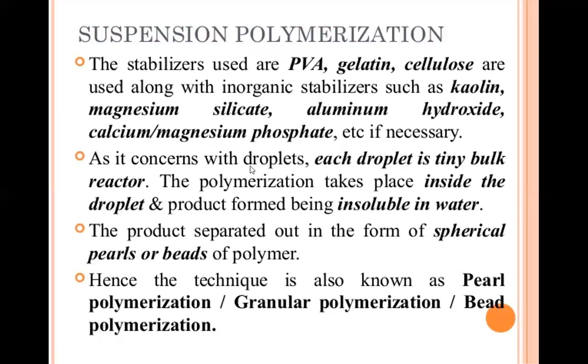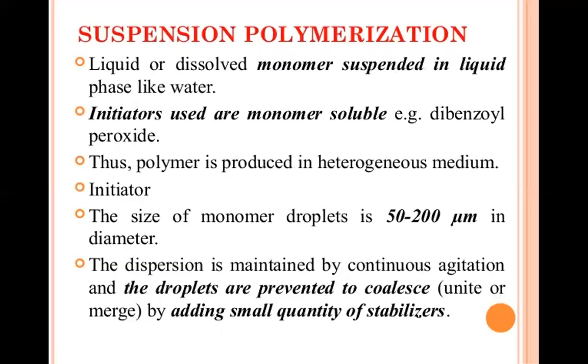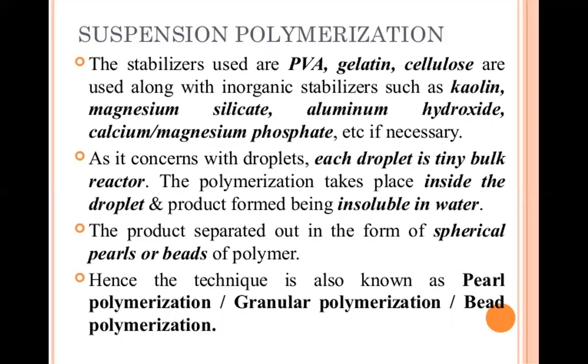As it is concerned with the droplets, I already told you that monomers are in the droplet, and I already showed the diameter, 50 to 200. Each droplet is a tiny bulk reactor. The polymerization takes place inside the droplet, and the product formed is insoluble in water, whereas in emulsions it is soluble in water.